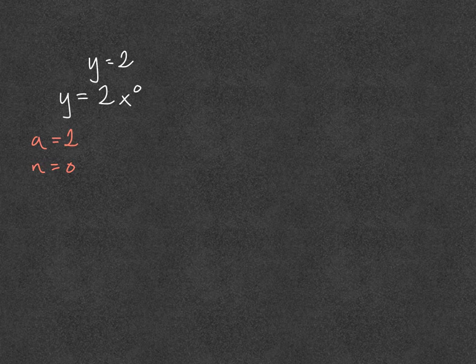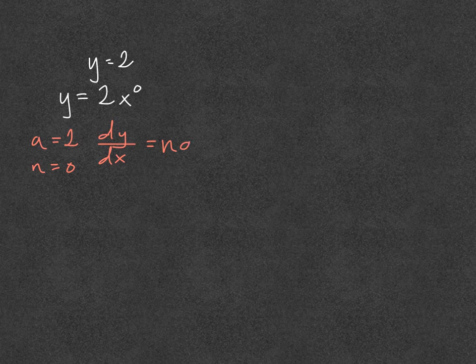And when we want to find the gradient function, we take dy dx, and we take n multiplied with a, and then x to the power of n minus 1.